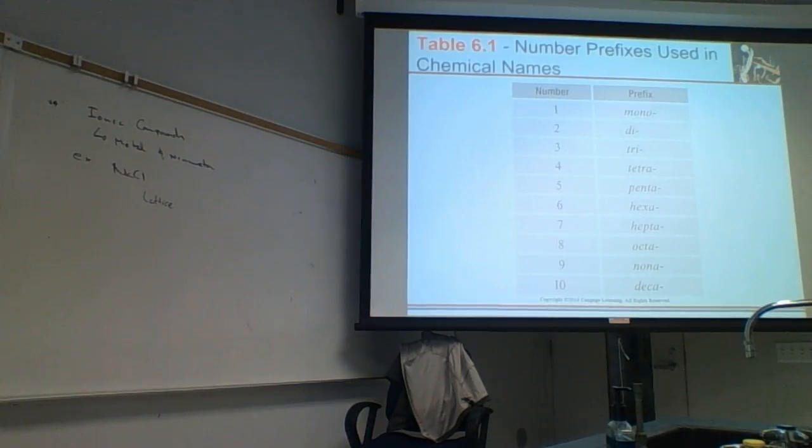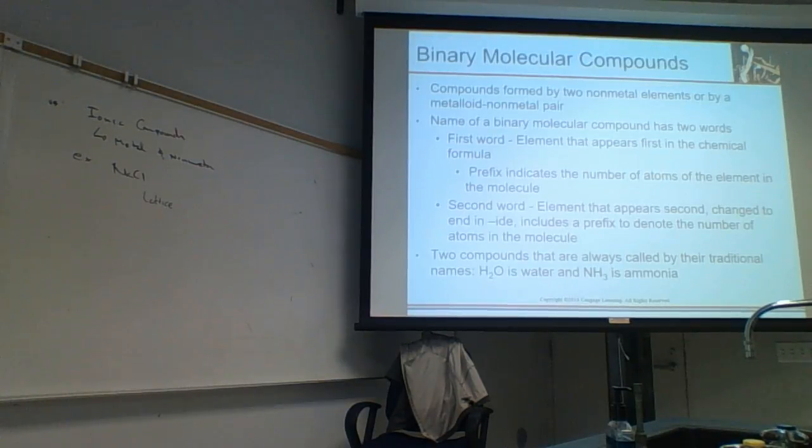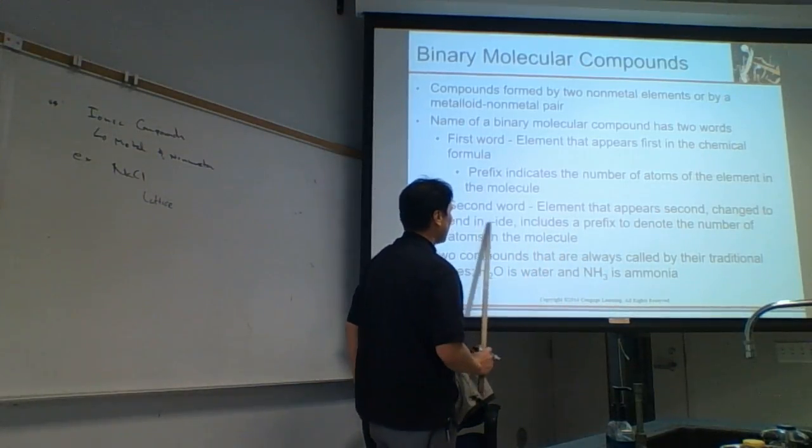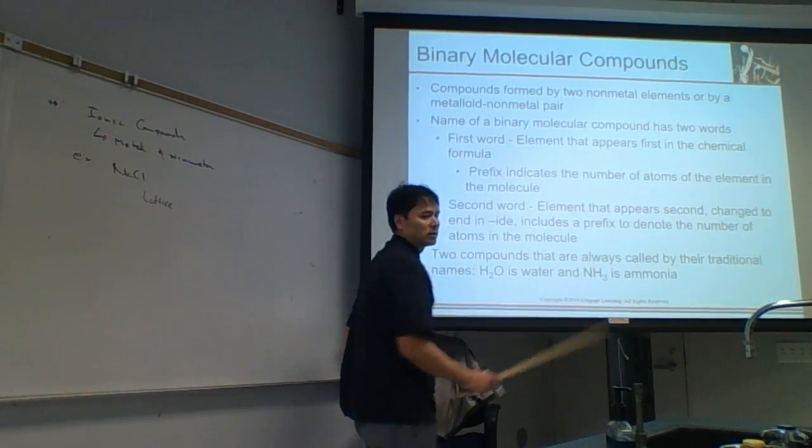Well, anyway, if we were to name H2O using our rules, this is called dihydrogen. And then, let's go on with the rules here. The second word is the element that appears second, and what we do is we change the ending to -ide, and we include the prefix.